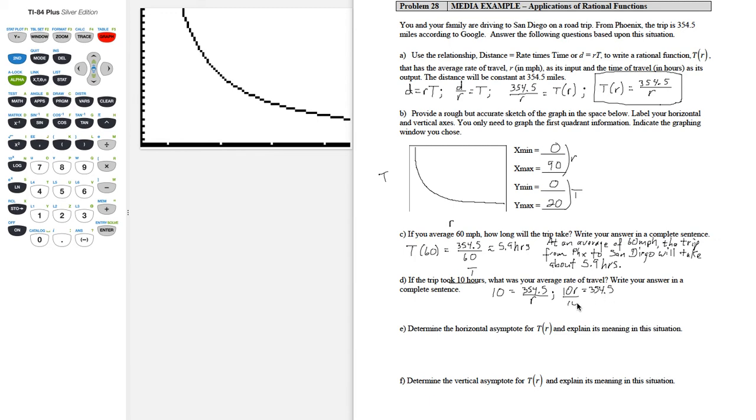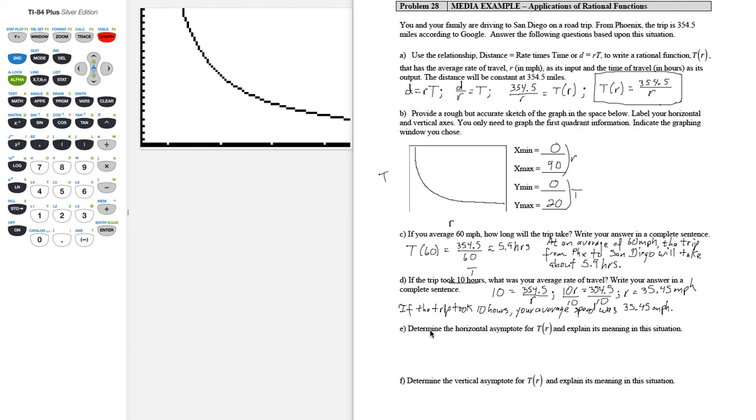Now I divide both sides by 10. So r equals 35.45 miles per hour. As a complete sentence, if the trip took 10 hours, your average speed was 35.45 miles per hour.